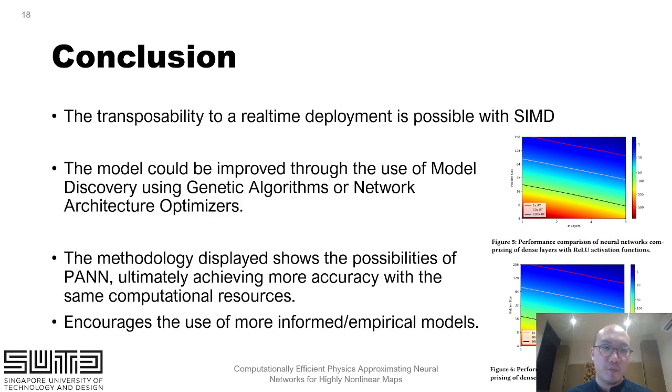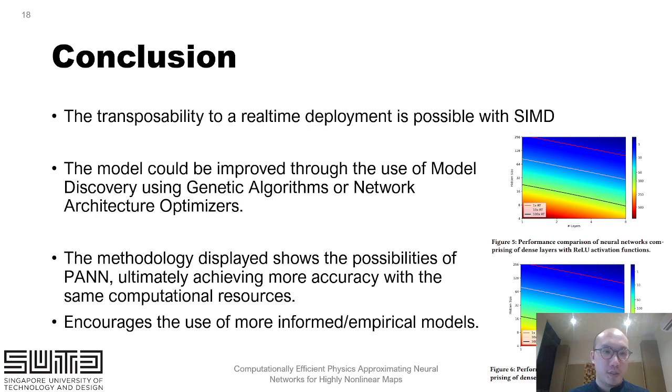This also shows that we can transpose it to real time pretty easily. It's a modified dense layer. And so we could also seek further improvement of the model through model discovery using genetic algorithms or network architecture optimizers.